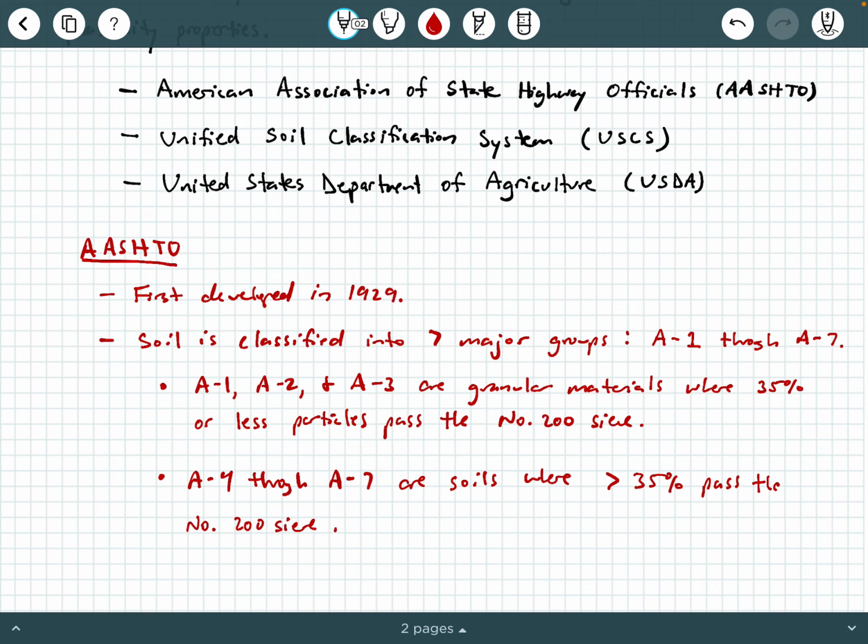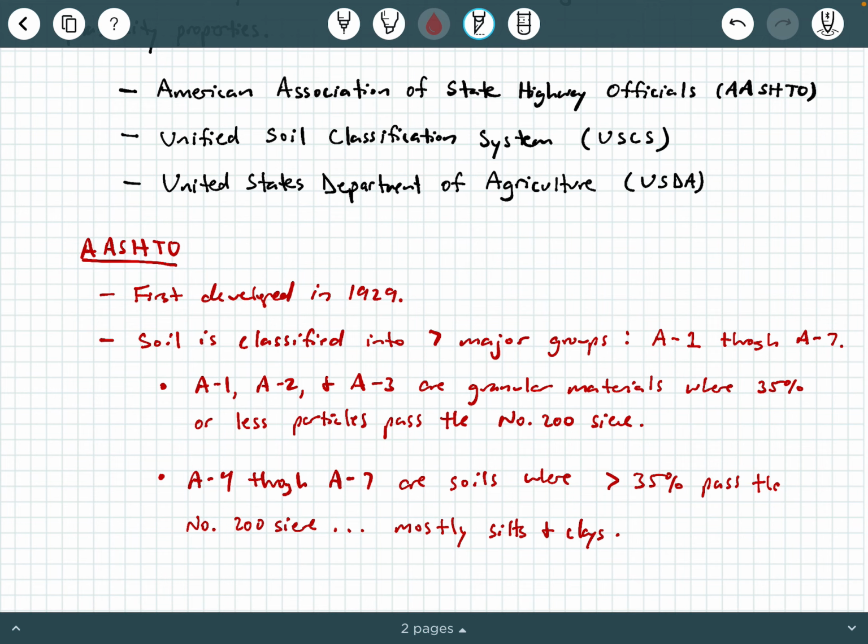Okay, so these are mostly silts and clays. So A-1 through A-3 are going to be your sands and your gravels, and even larger than that. A-4 through A-7 are your silts and clays, where greater than 35% have passed the number 200. So you have a lot that were caught in the pan after they passed the number 200.